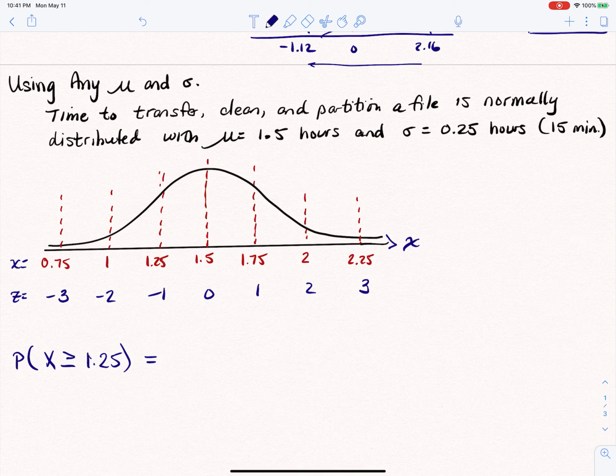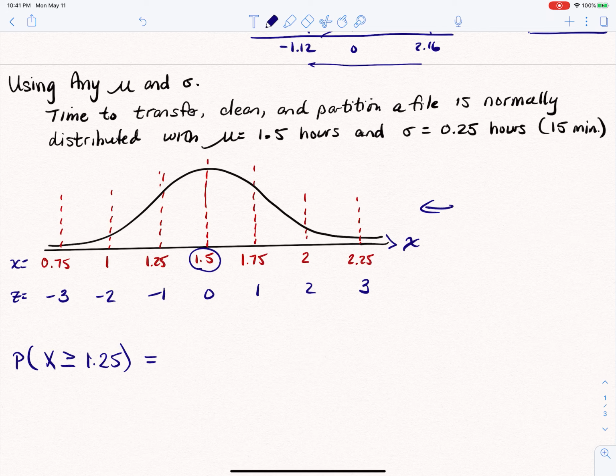So this right here is what the distribution for x looks like. If I tick off by the standard deviations, my mean here is 1.5, one standard deviation above is 1.75, one standard deviation below is 1.25, and so on.